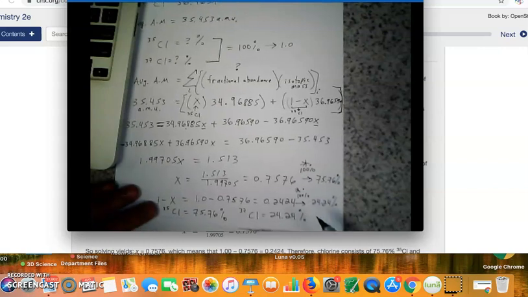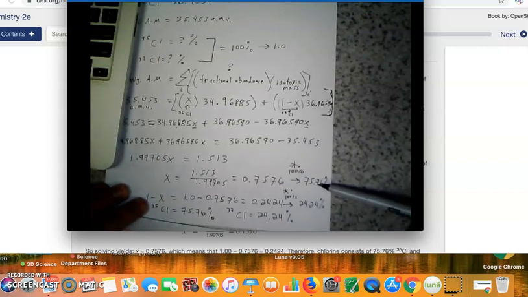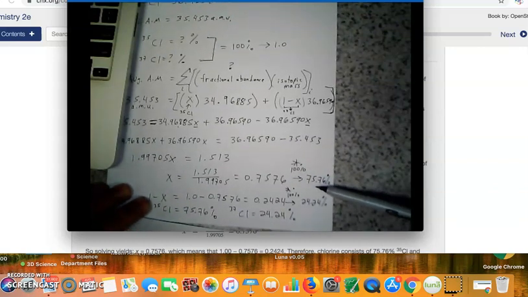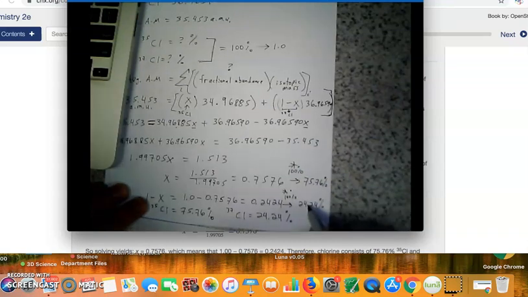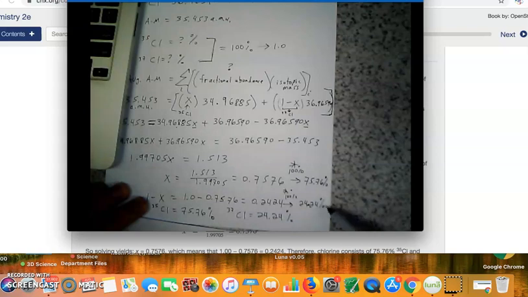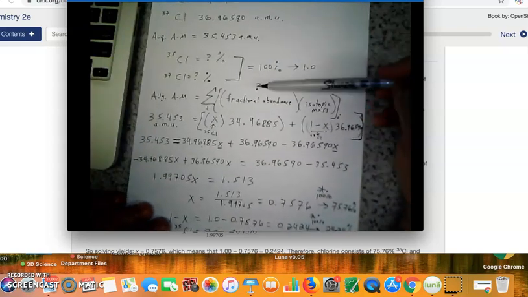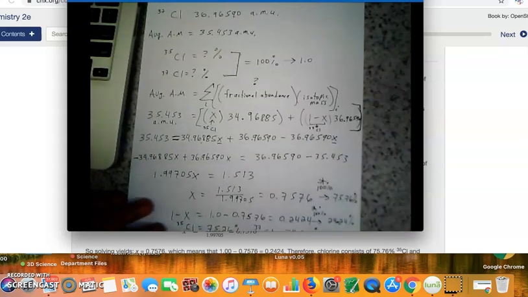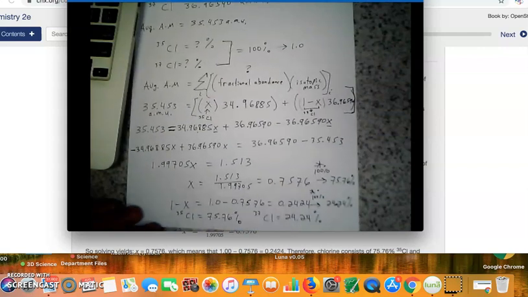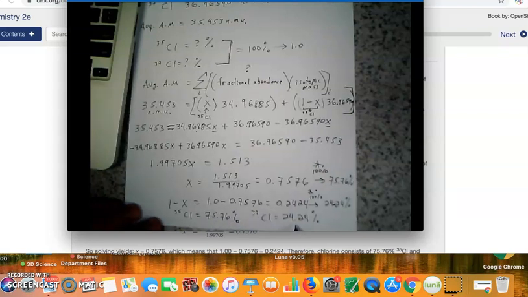Multiply by 100, or because it's already a percentage, you can just take 100% minus 75.76%, and that difference will give you 24.24%, which is the percentage for chlorine-37. So our final answer here: chlorine-35 is 75.76%, and chlorine-37 is 24.24%.